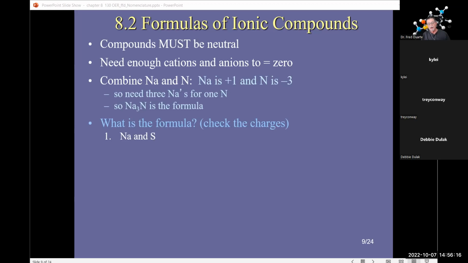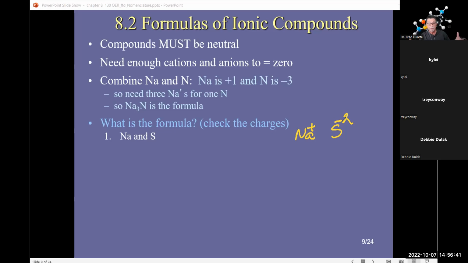All right, we have another one. Step number 1, they're asking you to write the formula of sodium and sulfur. So first step, convert those into ionic form. As we did with sodium, it's a +1. Sulfur, you have to determine what group it's in. It's in group 6, so in ionic form it would have a -2, because it's going to pick up 2 electrons.